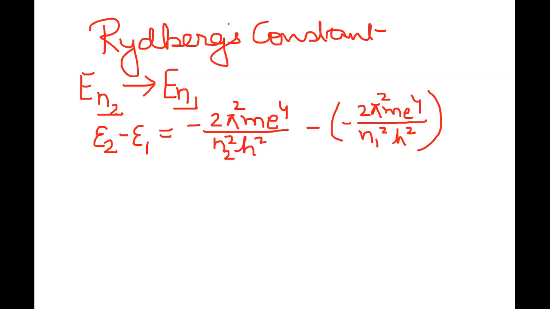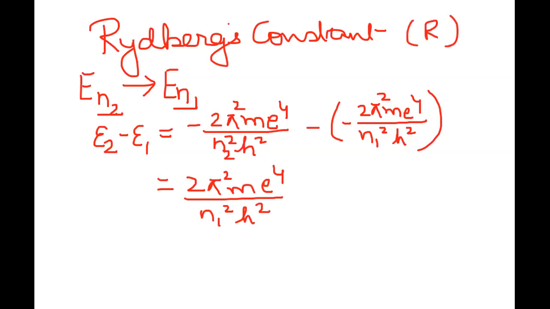Now in this case what I can do is write this by taking this on the front side, because this minus will become plus. I can write this as 2 pi square m e4 divided by n1 square h square. Here h stands for the Planck's constant. Remember, Rydberg's constant is given by a capital R and h is the Planck's constant.